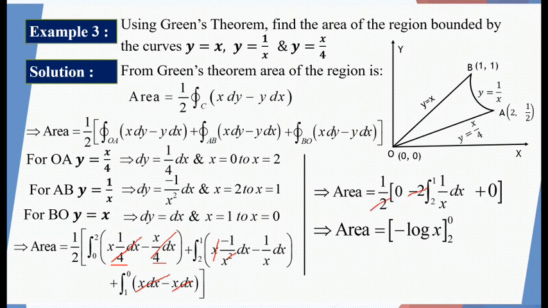So when we put the limit, log 1 minus log 2, minus is already there, so it will be plus, and log 1 is 0, so it is only log 2. So this is the required area for the given region.